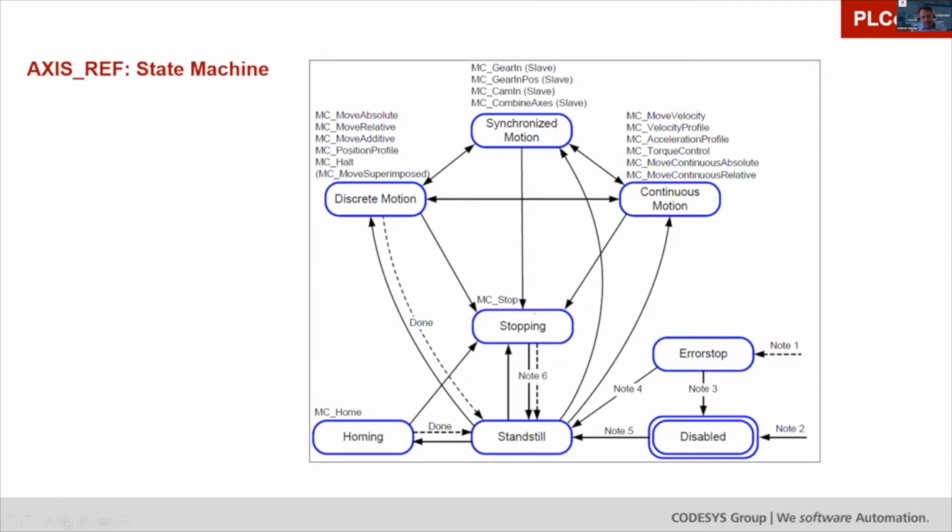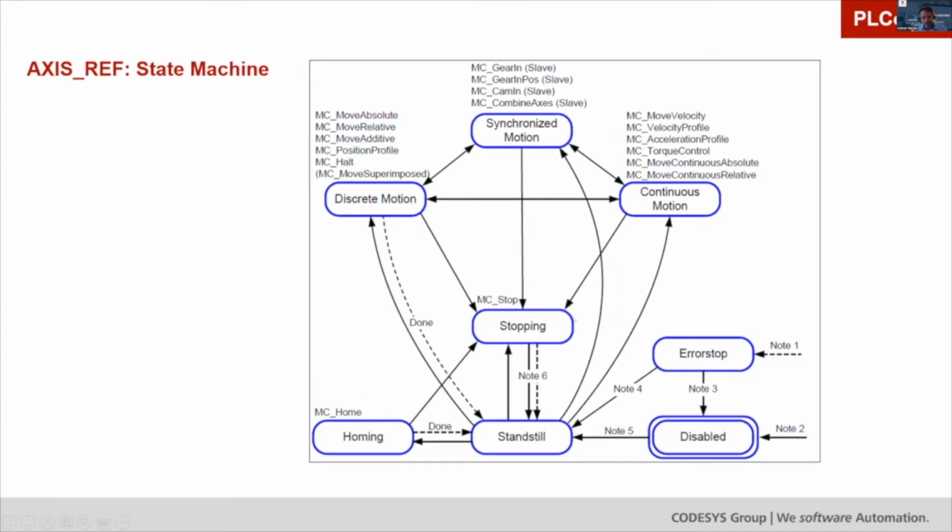As a special case of the discrete motion, we have the stopping, and they have defined a separate state for it, because the stopping cannot be interrupted. There is no way to interrupt a stopping except with an error.